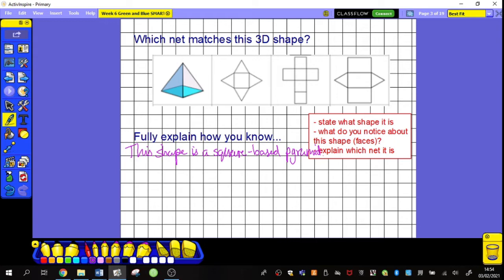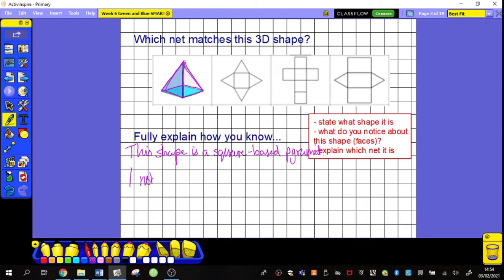So let's have a look mainly at its faces. So I can see that this shape would have 1, 2, and then on the other side 3, 4 triangular faces. So this shape is a square base pyramid.